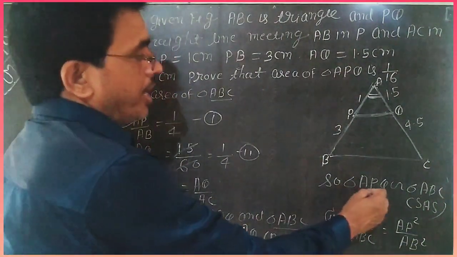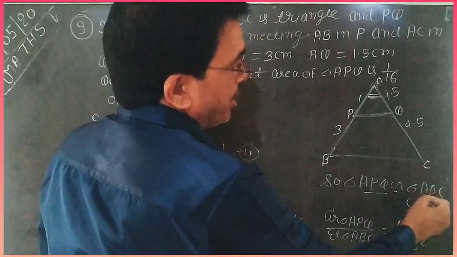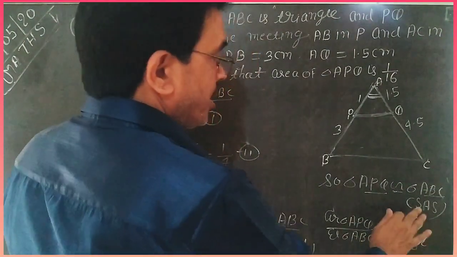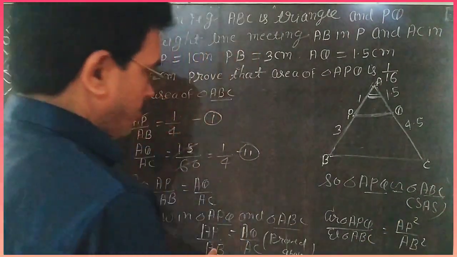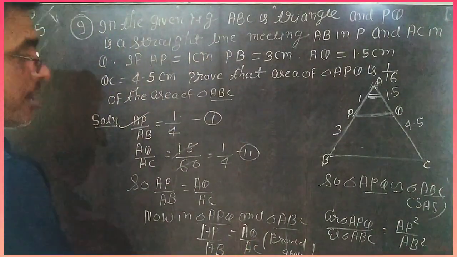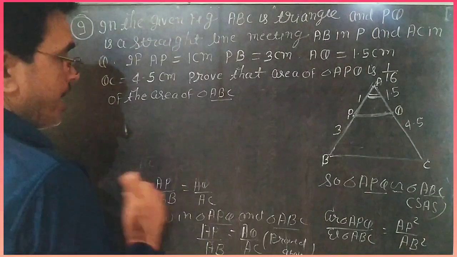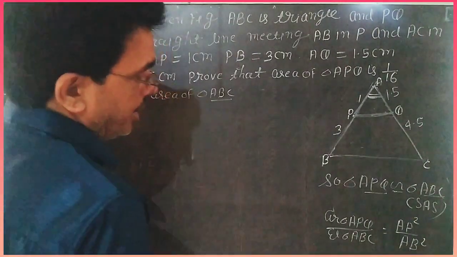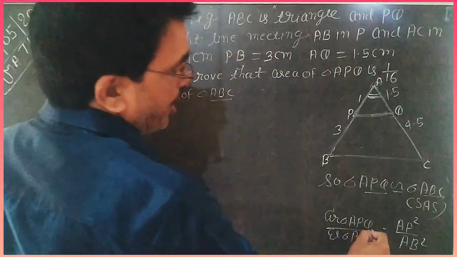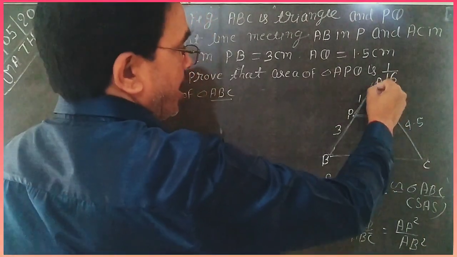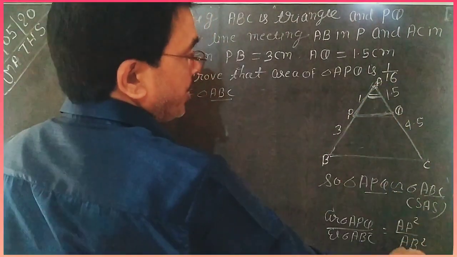So triangle APQ is similar to triangle ABC by the side-angle-side criterion, because two sides are proportional and the included angle is equal. Hence, by the area theorem, the ratio of the areas of two similar triangles is equal to the square of their corresponding sides.